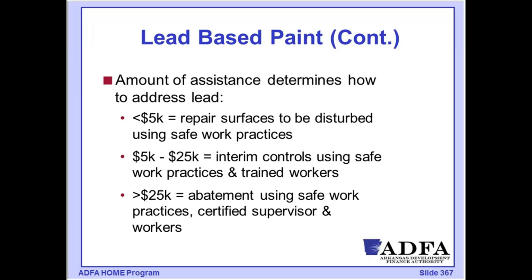Once I go over $25,000, then I will be doing what we call a full abatement, and I will be removing then all lead surfaces. I'll be using safe work practices, and I'll have a certified supervisor and workers on that site.